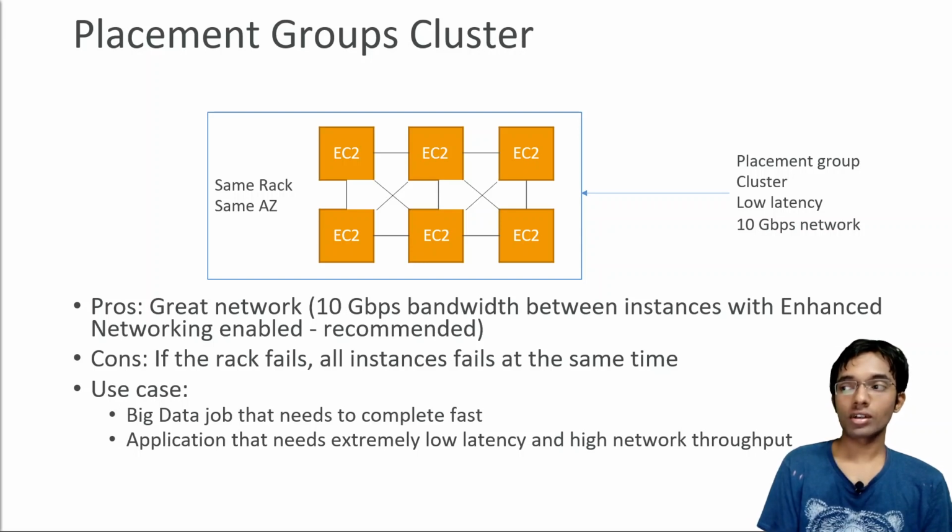For example, we can run EMR clusters, Elastic MapReduce, or Elastic Kubernetes Service on a similar rack, because they will have the fastest networking capability. So it's a big data job that needs to complete very fast, high performance computing, or applications that need extremely low latency and high network throughput, but at the risk of failing all at once.